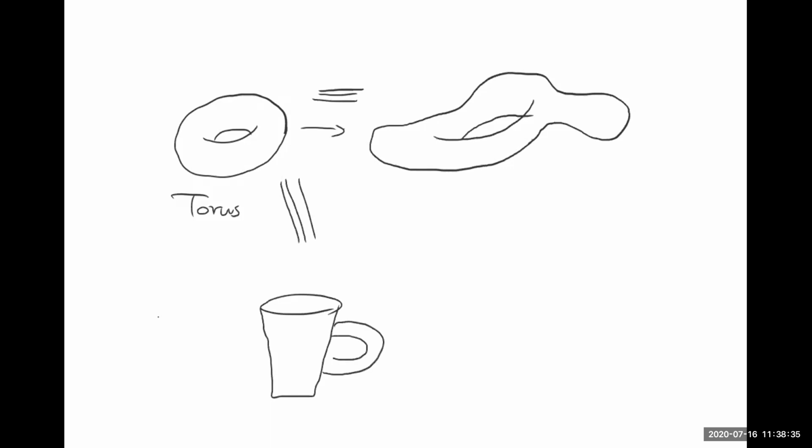Well, in the sense of topology, these two things are the same. They're equivalent. There is a deformation which takes one to the other one. Do you see that? Do you see a cup and a donut in the sense of topology are the same?